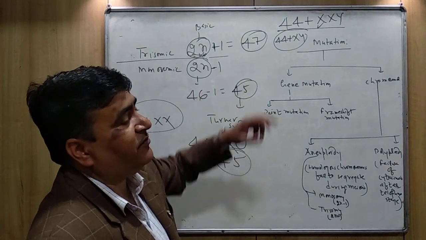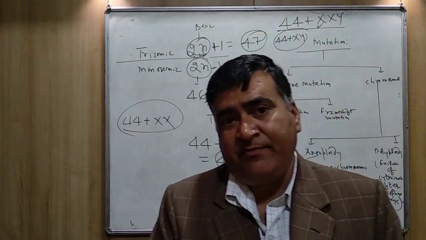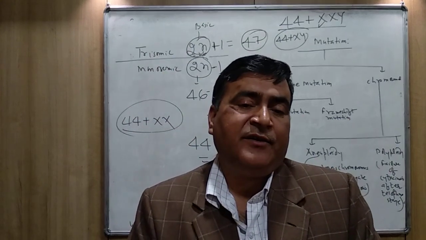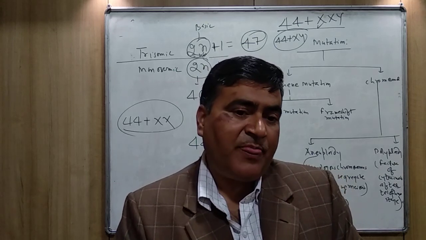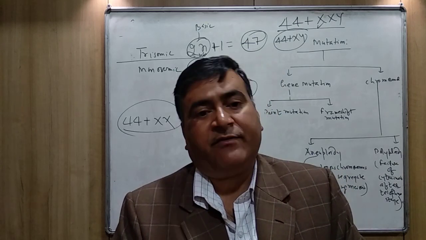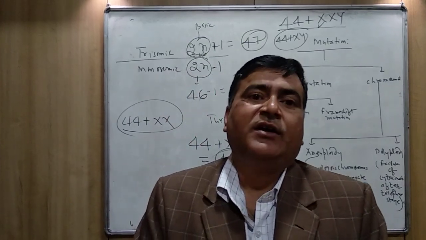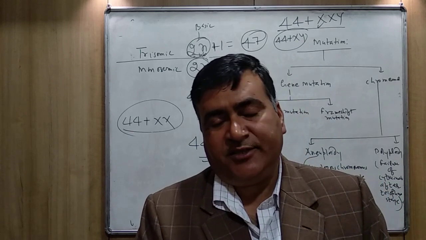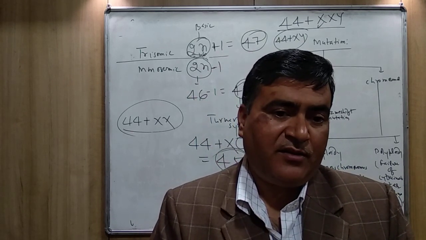And if anybody has 47 chromosomes, what kind of disease will they have? If an X chromosome is added additionally, that will be Klinefelter syndrome. And if the 21st becomes trisomic, that will be Down syndrome. All the syndromes, the diseases, we will discuss later on in this chapter, in the next topic I will teach you.